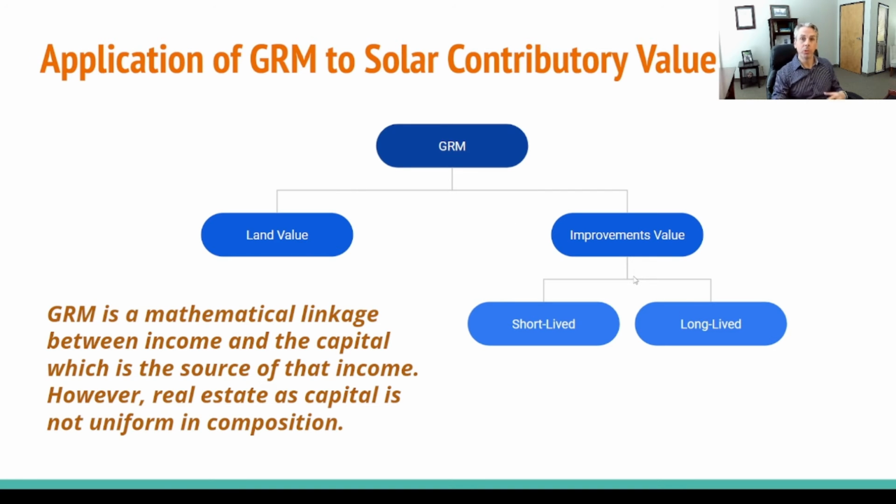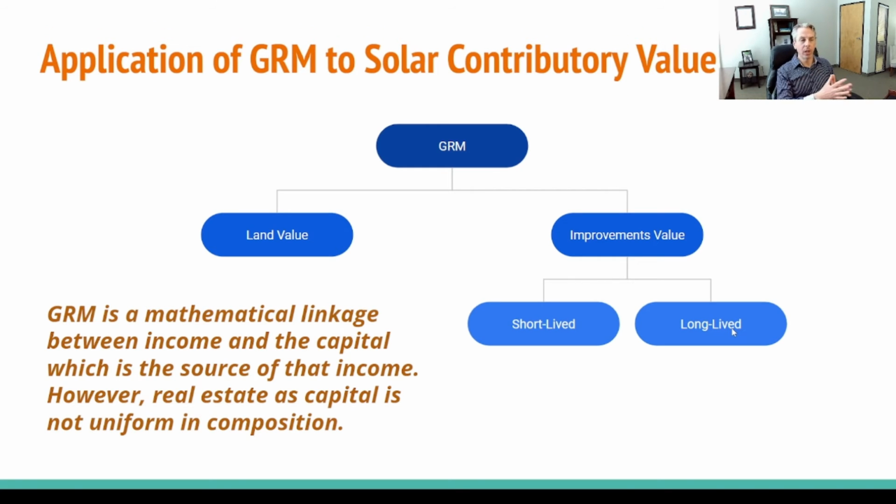And same thing with the improvements. Even the improvements themselves are not uniform in composition, because you've got short-lived and long-lived depreciation going on within those improvements. And so all of those also factor into the GRM. You can kind of see how that would flow.